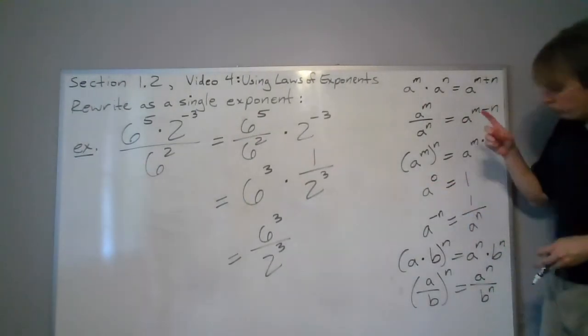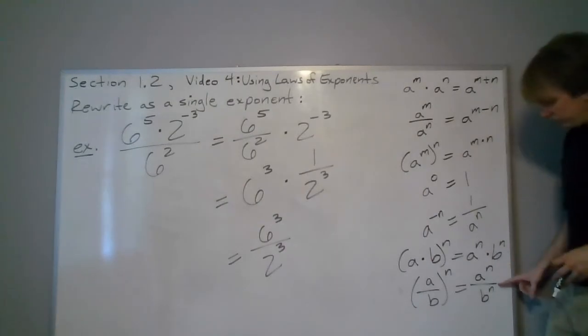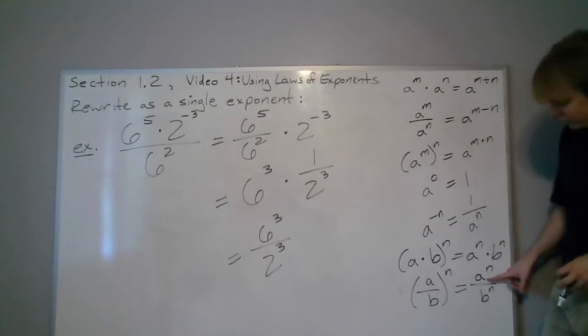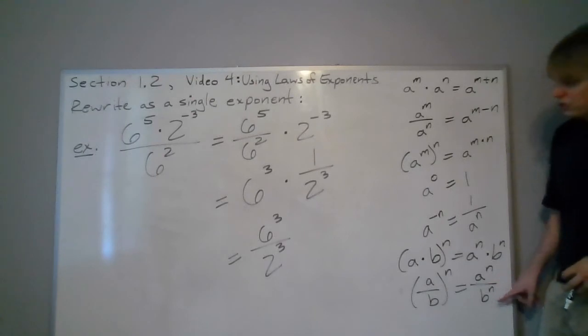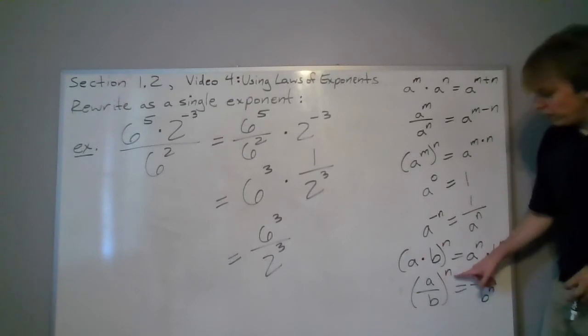And so we have a rule that has the same exponent. The very bottom rule. So I guess A is 6 and B is 2 and N is 3. So 6 divided by 2 raised to the power 3.